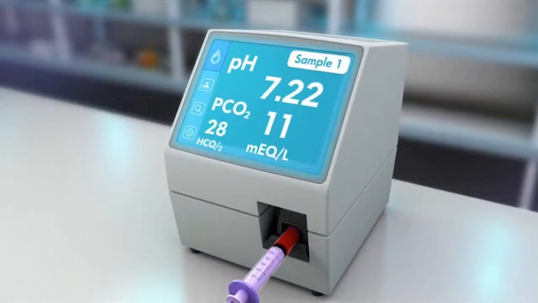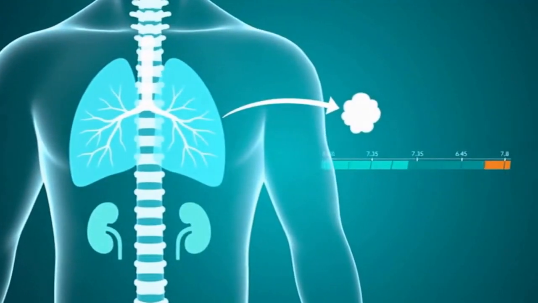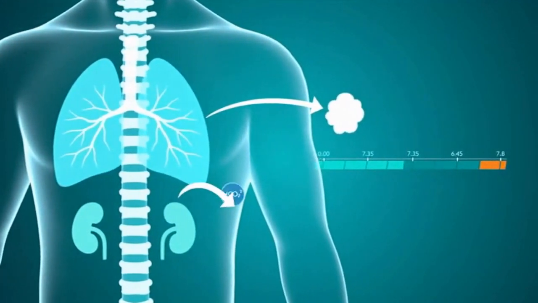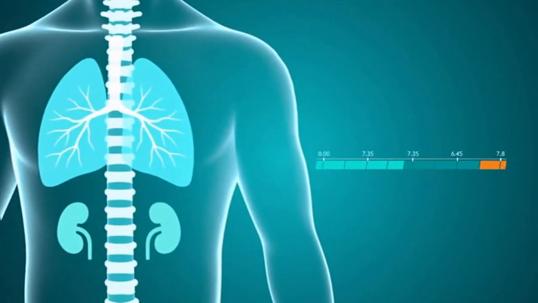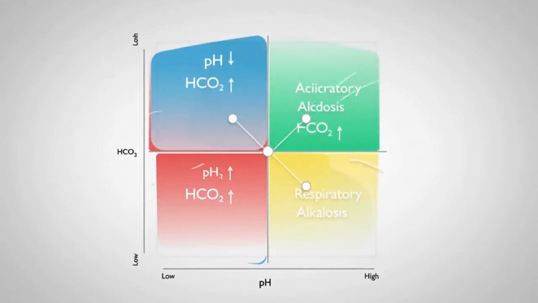Since dissolved CO2 equals 0.03 times PCO2, the equation shows us that pH is determined by the ratio of bicarbonate to PCO2. Bicarbonate is the metabolic component, regulated by the kidneys. PCO2 is the respiratory component, regulated by the lungs.